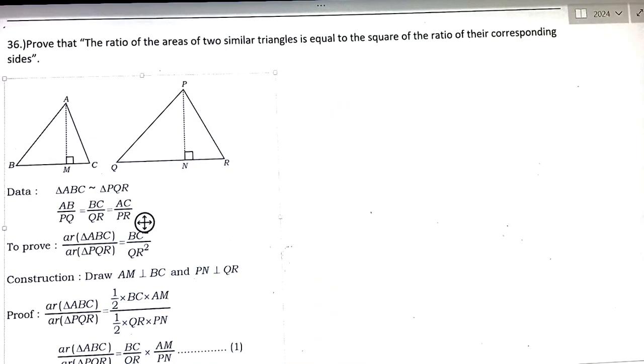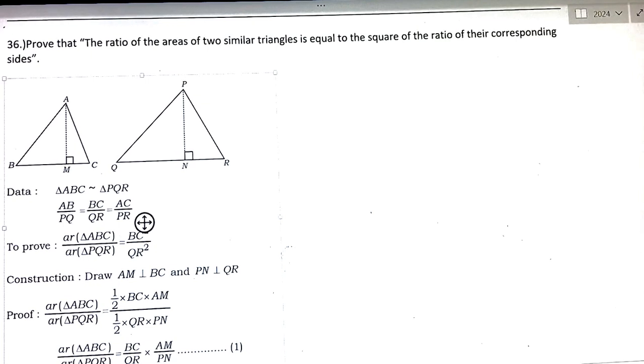Now, construction. What do we need to construct? Draw AM perpendicular to BC in the first triangle and PN perpendicular to QR. Next, proof. Area of ABC divided by area of PQR. So what is the formula to find the area? Area is equal to half into base into height.